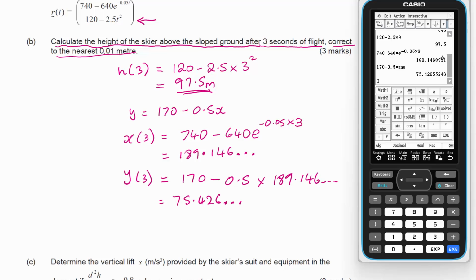And so the height above the slope is going to be the height above the ground take away the height of the slope above the ground, giving us 22.07 meters. So above slope is going to be 22.07 meters.